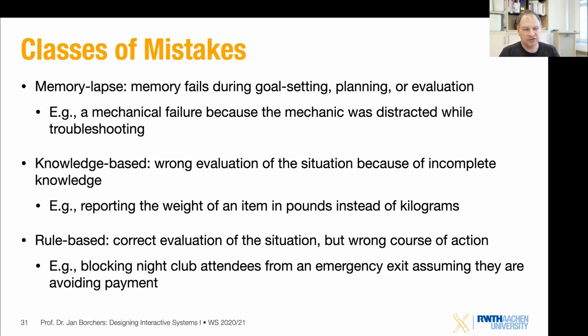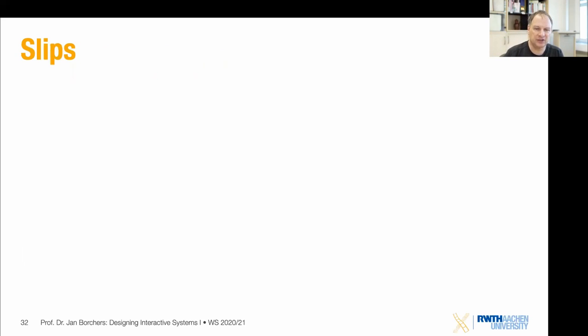So after mistakes, what you can usually assume is that people will say, yeah, I did what I intended to do, right? It's not something where they immediately say, oh yeah, I had a slip. The slips are the second kind of error that happens.